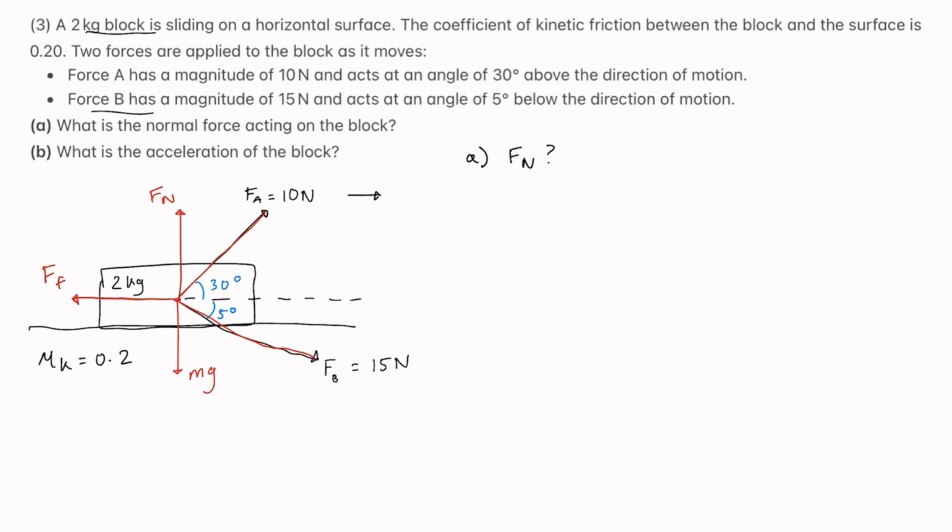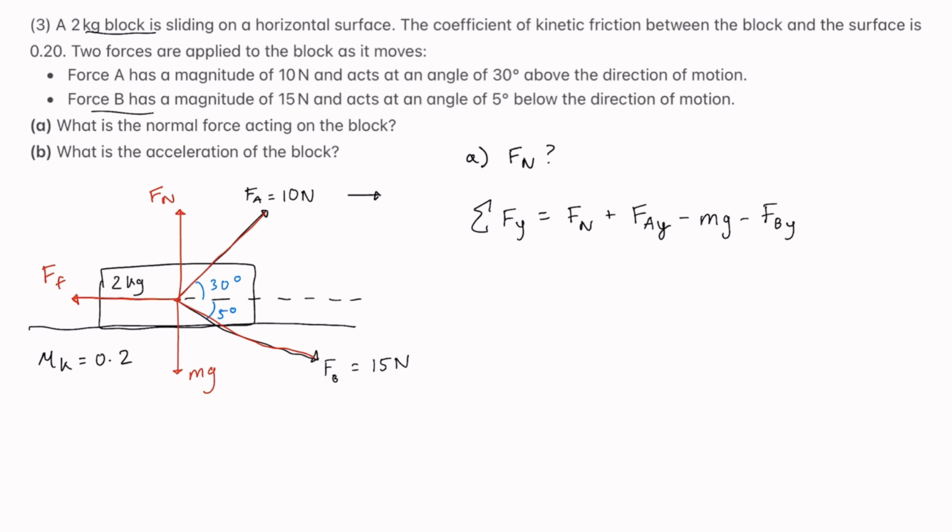If we want to find the normal force of the block, we're concerned with the forces acting in the y direction. So our sum of the forces in the y direction is equal to Fn plus Fay, since force A is acting in the y direction, minus mg minus Fby.